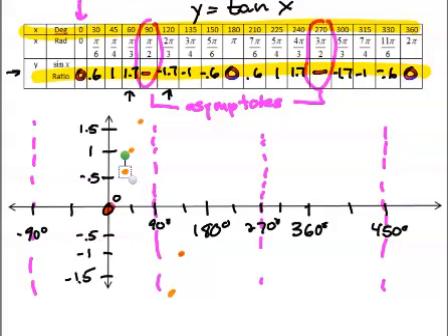Right 150 and down -0.6, something like this. And then 180 is at 0. Right 210 goes up to +0.6. Right 225 goes up 1. And right 240 goes up 1.7.